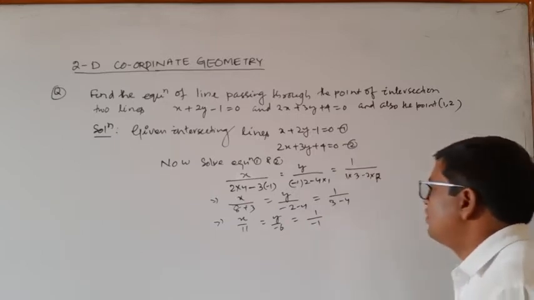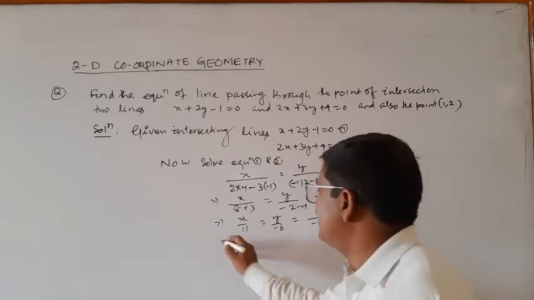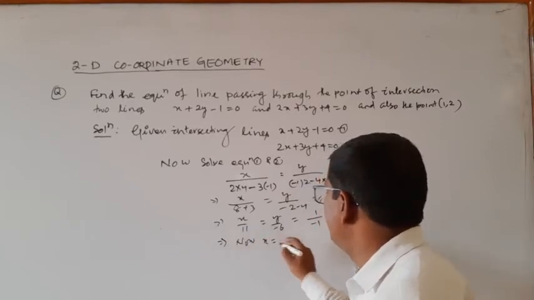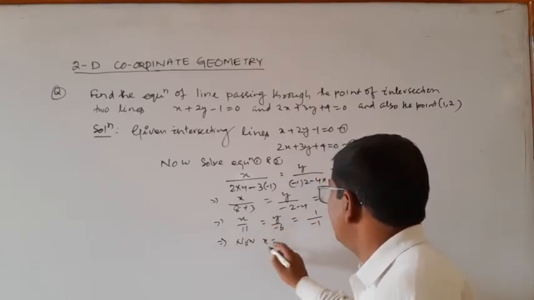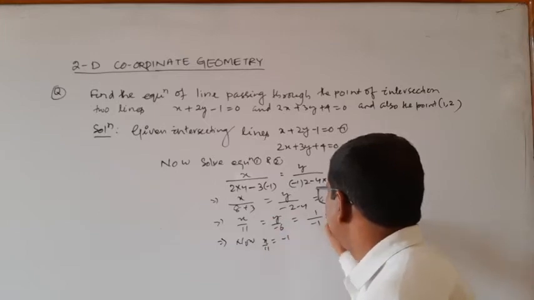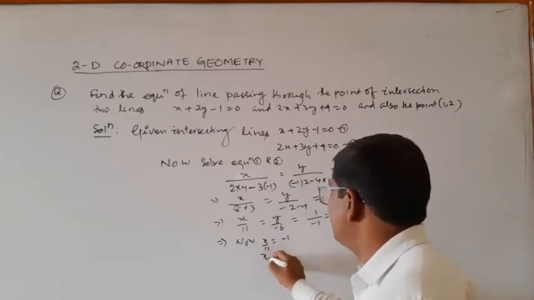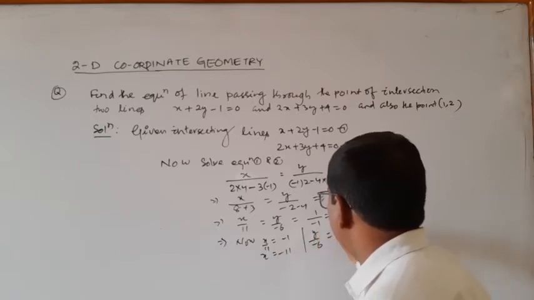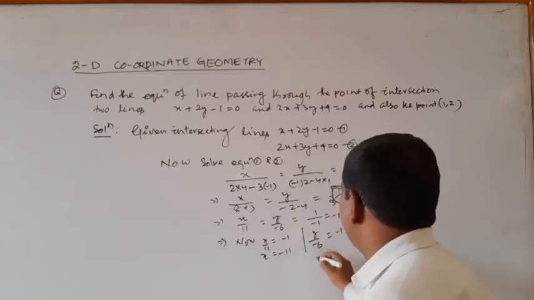Now x by 11 is equal to 1 by minus 1, so x is equal to minus 11, and y by minus 6 is equal to 1 by minus 1, so y is equal to 6.